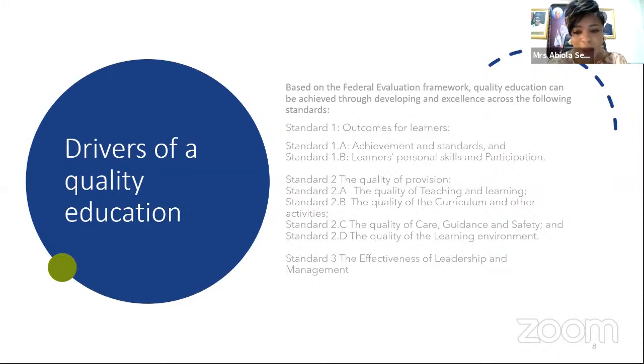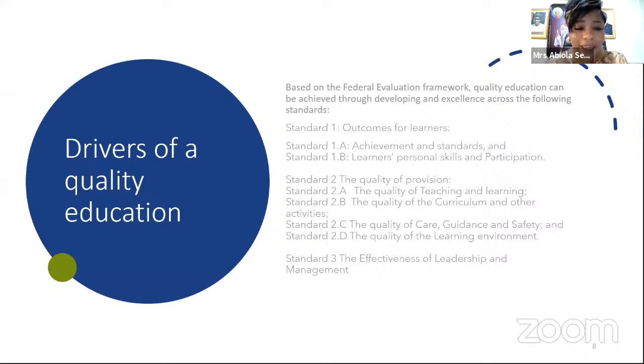But if we're honest about how that translates to what the teacher is supposed to do and what the school is supposed to do, we know that we need benchmarks. So that is why the standards are important in helping us to figure out, number one, what the goals are, what we need to achieve, and it really helps us to figure out how we are going to get there.